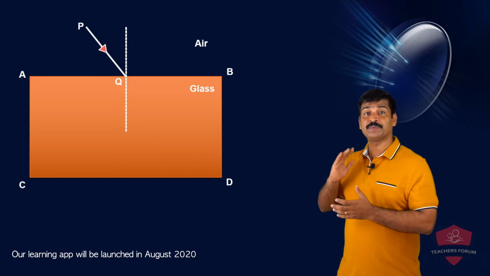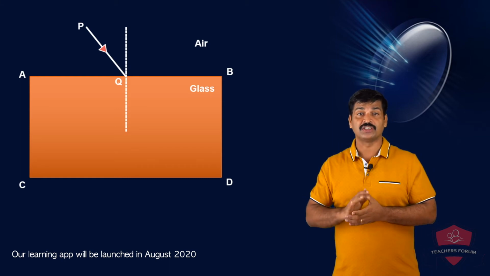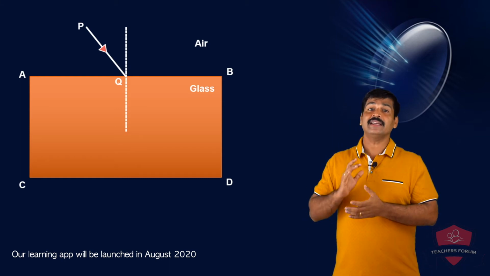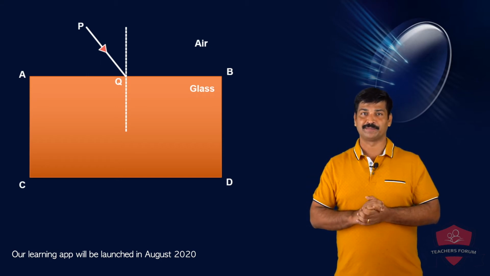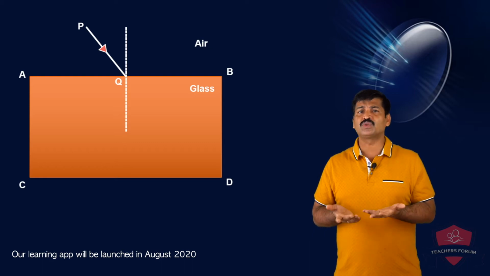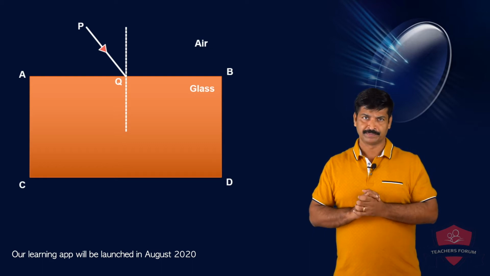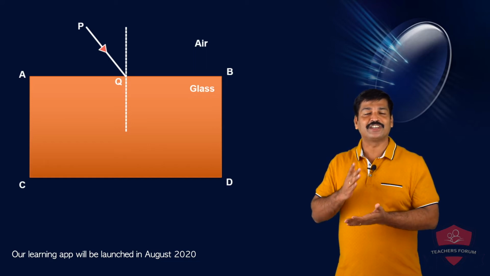Now what happens to the speed of light? The speed of light gets decreased. Why? Because air is a rarer medium and glass is a denser medium. What do we mean by rarer and denser? It is simple. Rarer means the medium through which light can travel very easily. Denser is the medium through which the speed of light gets decreased.